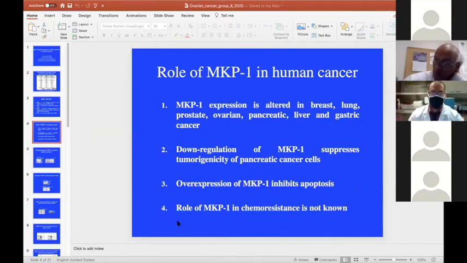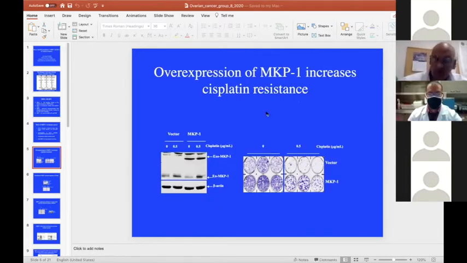When we started this project, the role of MKP1 in chemoresistance, specifically in cisplatin or platinum resistance, was not known. So first, we asked the question: what happens if we overexpress MKP1? Here we took an ovarian cancer line and stably expressed MKP1, shown here, this is exogenous.